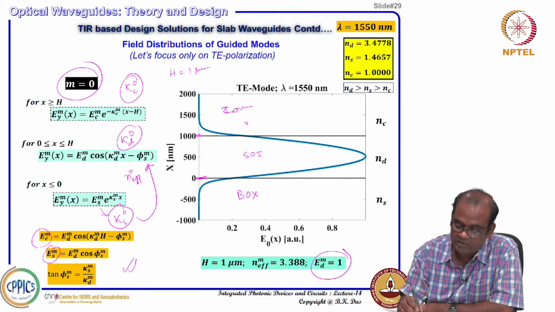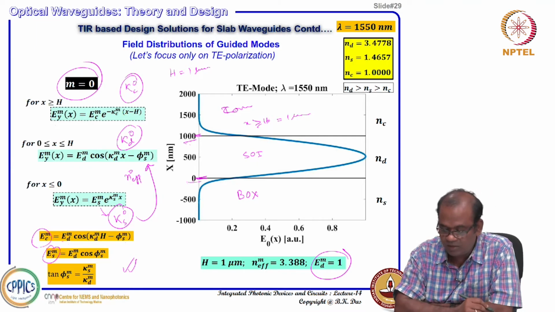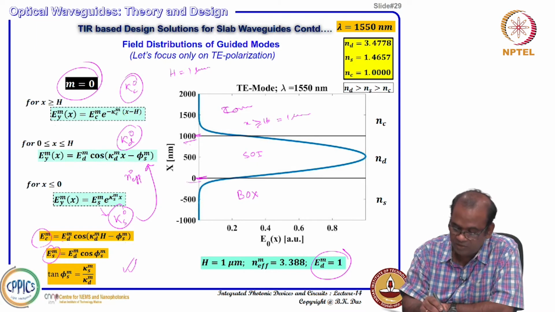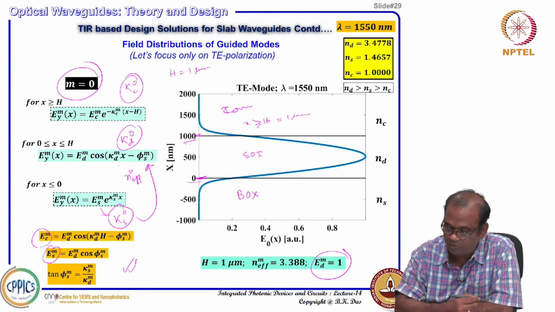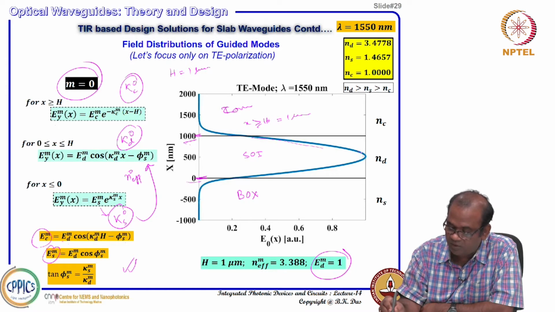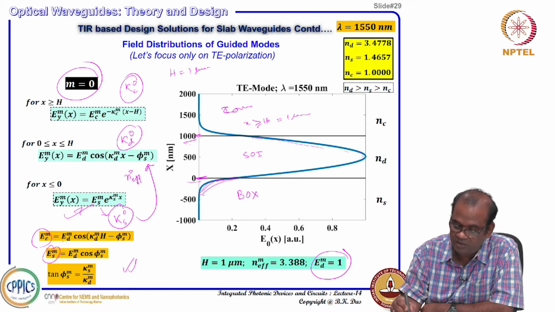So, this is x greater than or equal to h, where h equal to 1 micrometer; here it is shown on a nanometer scale, and here it is the 0 scale, and then this is a cosine function. If you use a simple MATLAB program to plot, you can see the field, and at the interface it does not suddenly drop to 0 because of the evanescent field. These fields are continuous, and similarly you can continue.